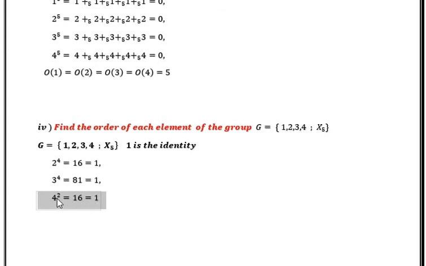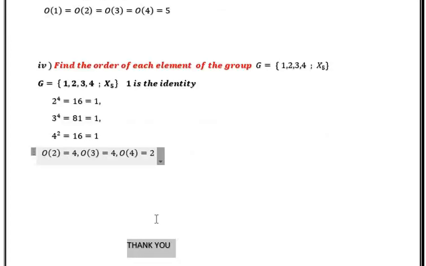So order of 4 is 2. Now order of 2 is equal to 4. Order of 3 is equal to 4. And order of 4 is equal to 2. Like this, we can find the order of each element of the group by taking their integral powers. Thank you.